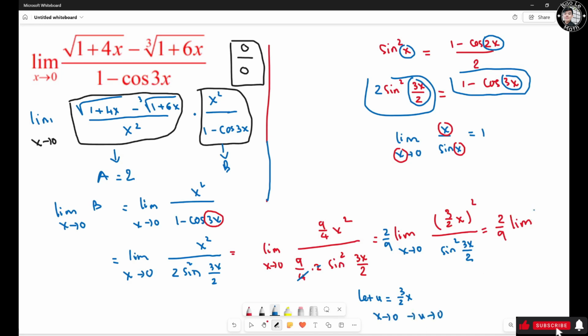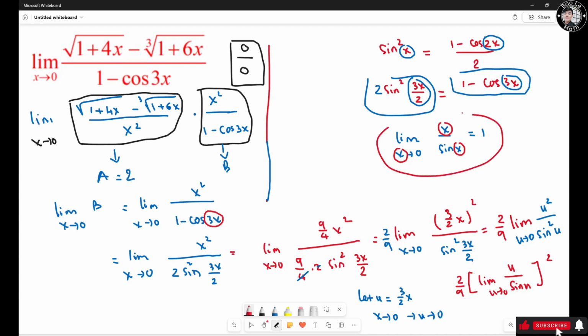So this one can be written as u squared over sine squared of u when u approaches 0. Now it turns out to be 2 over 9 times (the limit of u over sine u when u approaches 0) all squared. And this one right here equals 1. So the answer is 2 over 9.